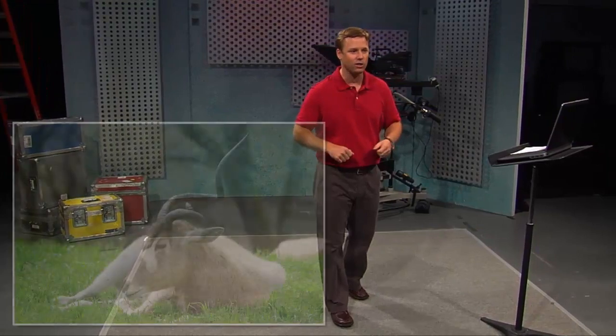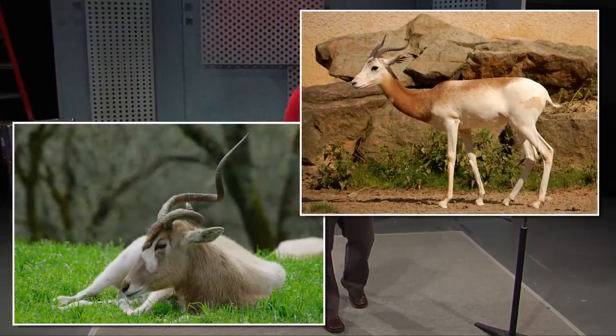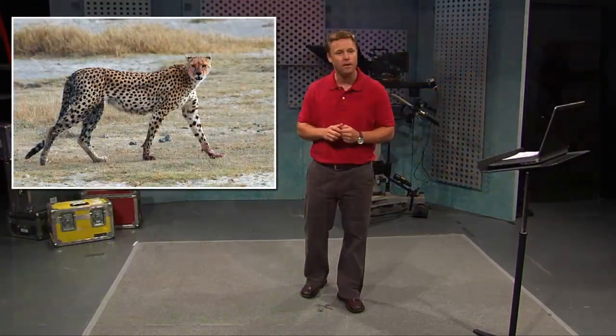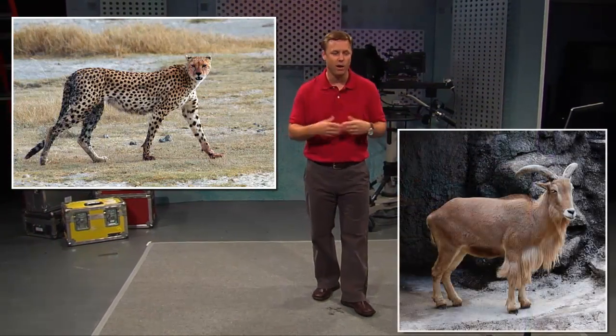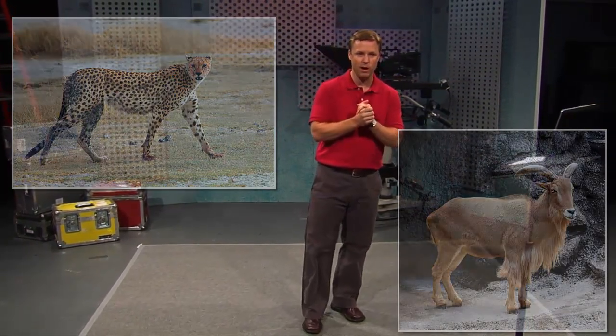And it was created in early 2012. It was created to really protect species that are native to the Saharan desert ecosystem. Some really unusual critters like addax antelope and dama gazelle, Saharan cheetah, Barbary sheep, and a variety of birds and reptile species as well.